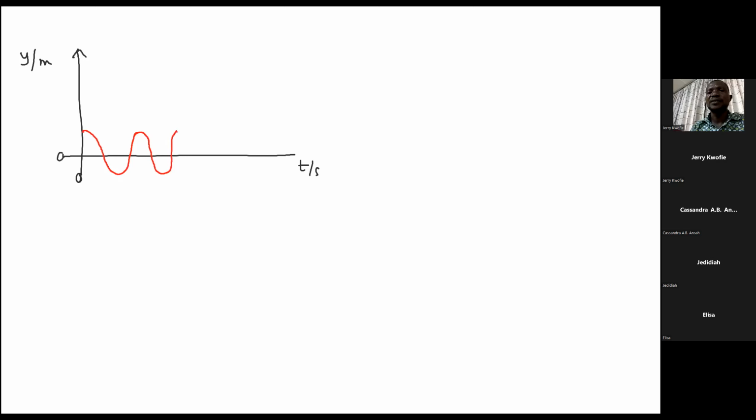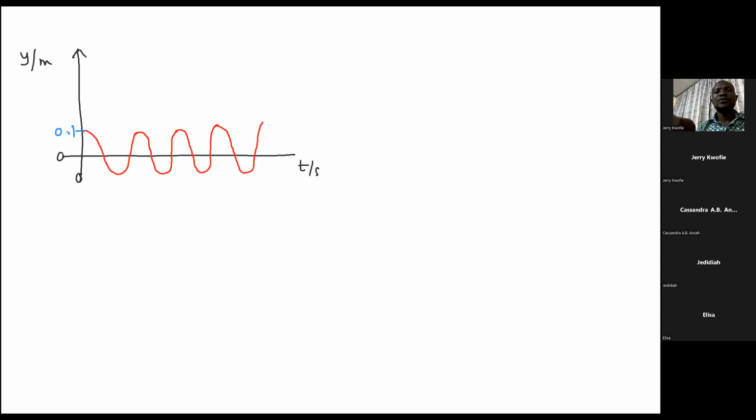Two cycles. 3 cycles. 4 cycles. Now on this graph, we are to show the amplitude. What was the amplitude of the motion? So 0.1. So we're going to write 0.1 here.